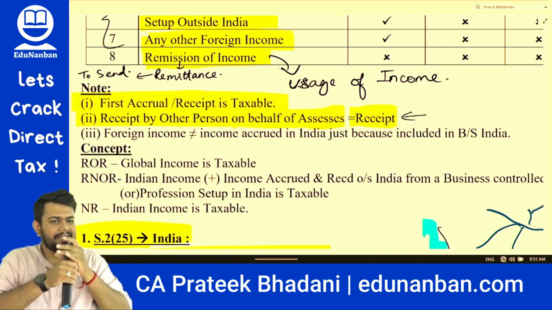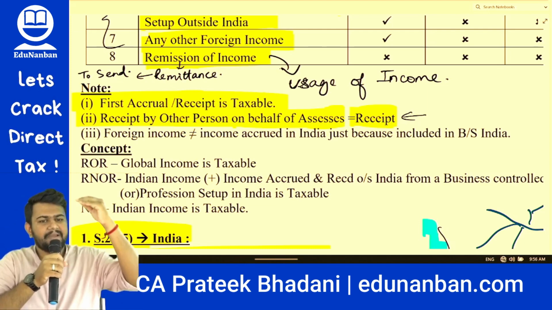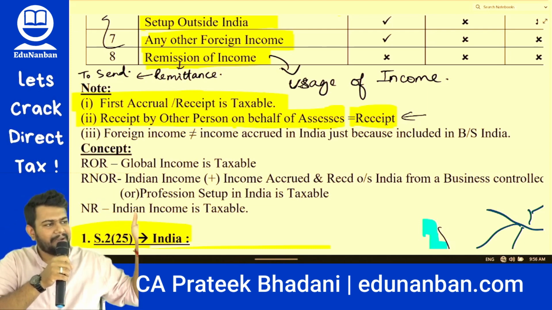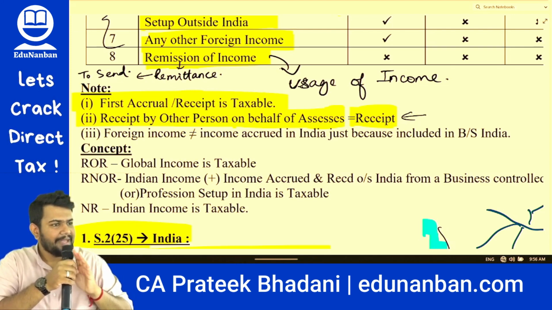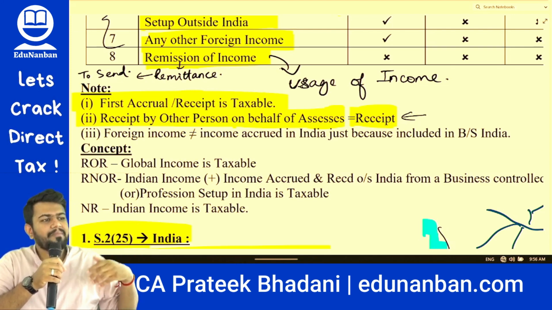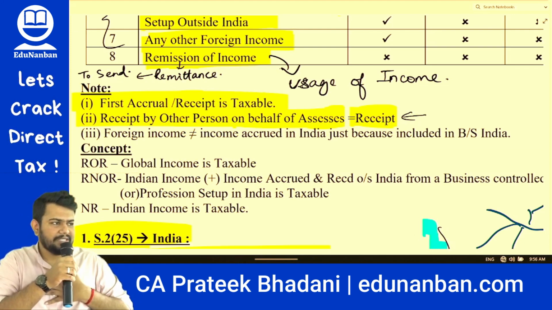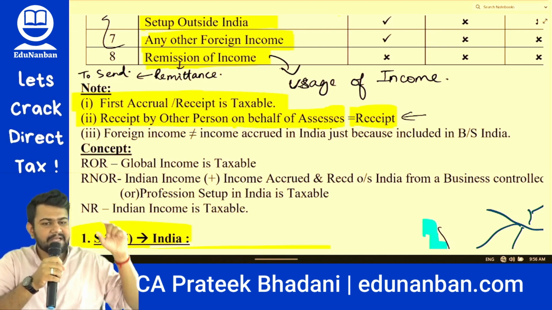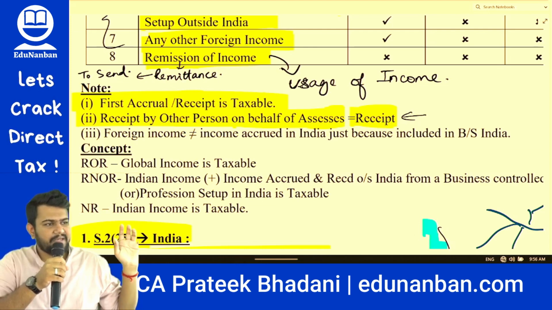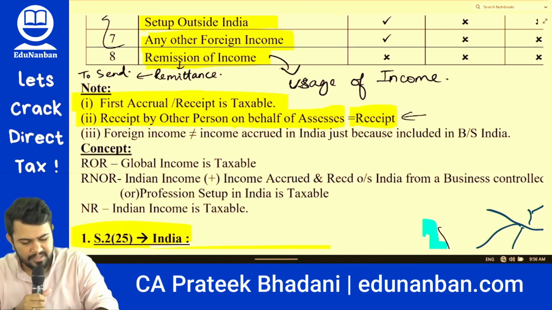Let's say I am working in USA. I am directly asking my employer to send money to my mother who is in India. In such case, my mother is receiving money. On behalf of whom she is receiving the money? On behalf of me only. Hence, the first time the money is received in India, it will be taxable in India since it is income received in India.